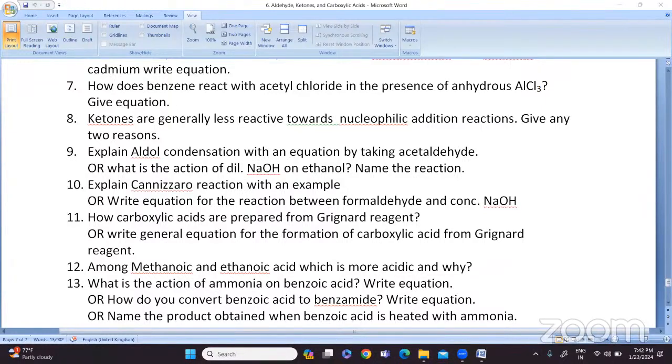Next is Cannizzaro. Explain Cannizzaro reaction with an example, or write the equation for the reaction between formaldehyde and concentrated NaOH. What is the product obtained, students?